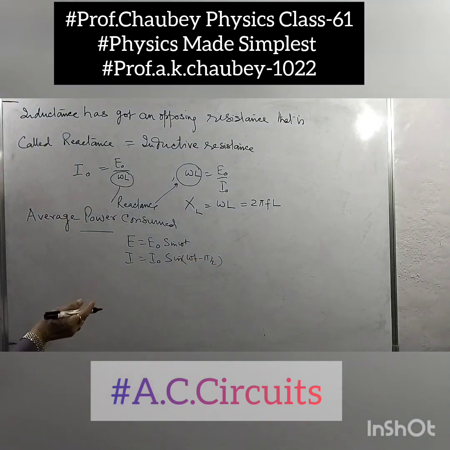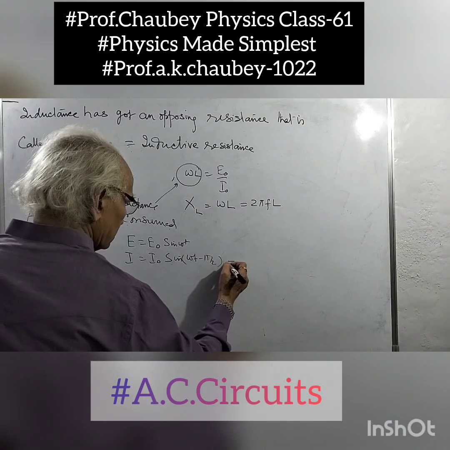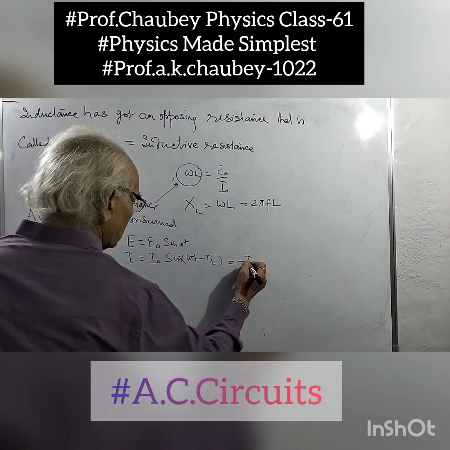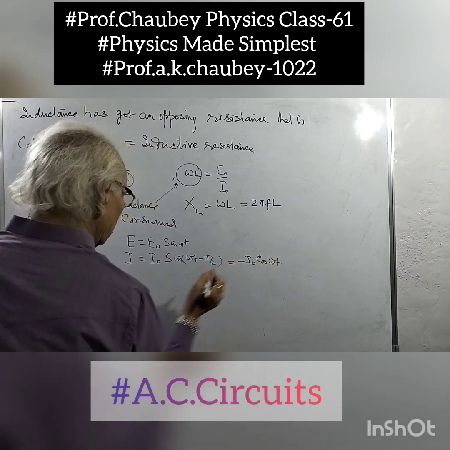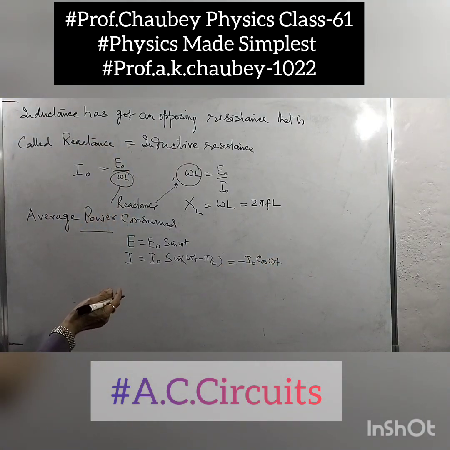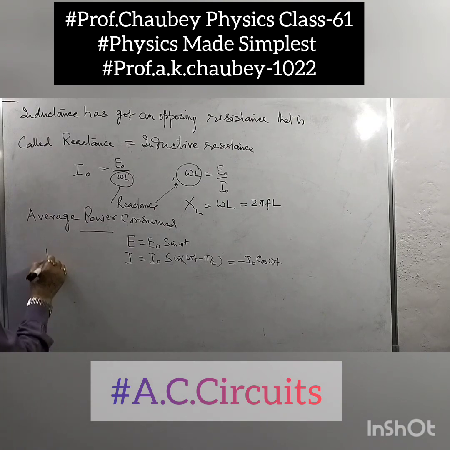So that way you can write that this is minus I naught cos omega t. So P, power, is equal to E into I.